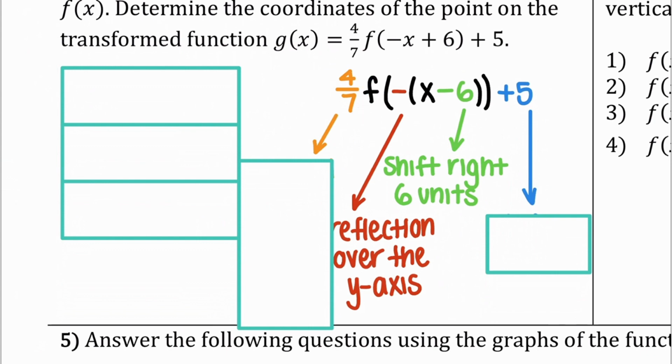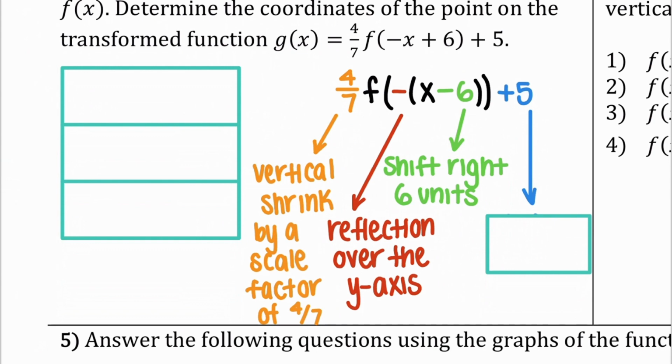So that tells us that it's going to be a vertical shrink by a scale factor of 4/7, because all the y values are going to be getting smaller and smaller. Kind of like a hydraulic press or like a sandwich. The graph is getting vertically smooshed. And then this plus 5 at the end tells us that we're going to be shifting up by 5 units.